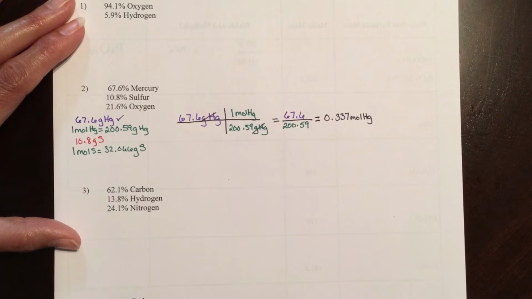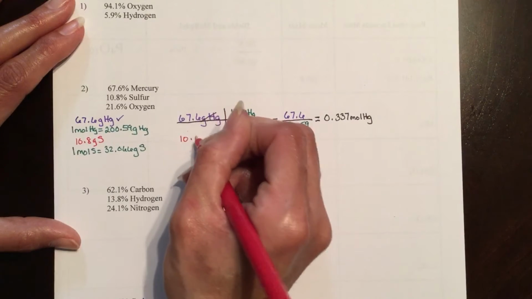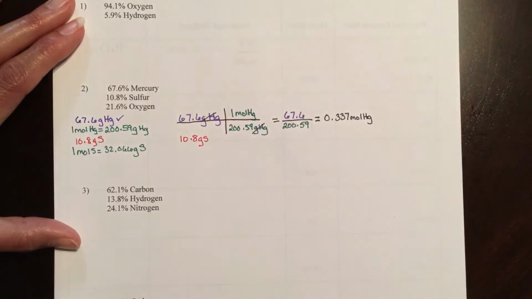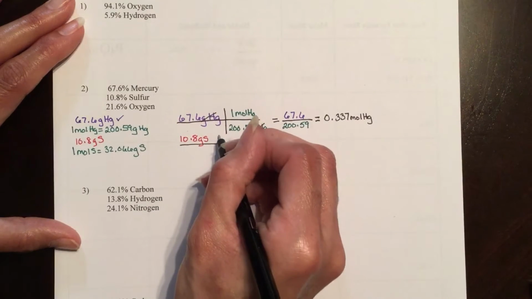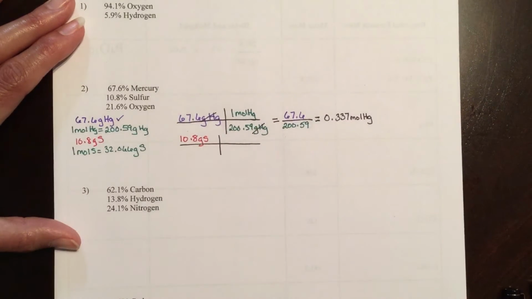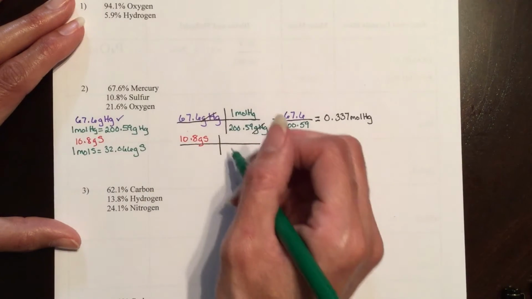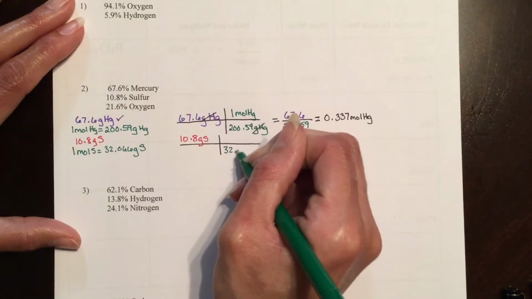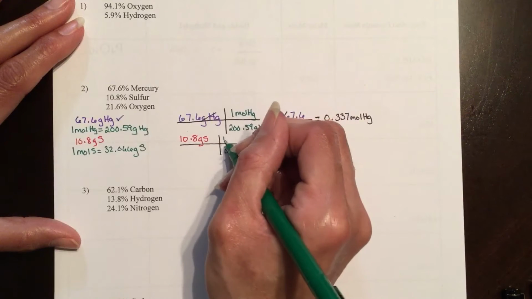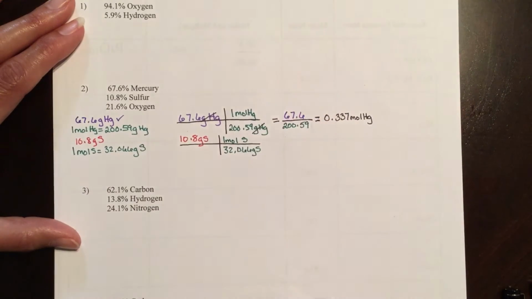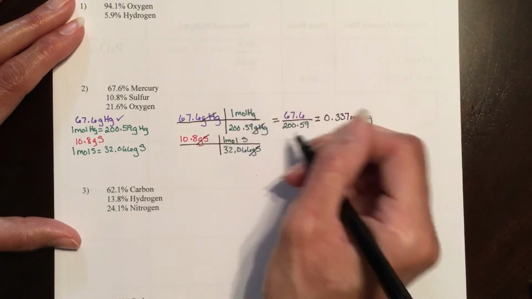All right. I'm going to set up my T-chart just like I did the first one. So 10.8 grams of sulfur. T-chart. I need to get rid of the grams of sulfur, so I have to put my grams of sulfur diagonally. And that's for every 1 mole of sulfur. Grams of sulfur are diagonal, so I can actually get rid of them.